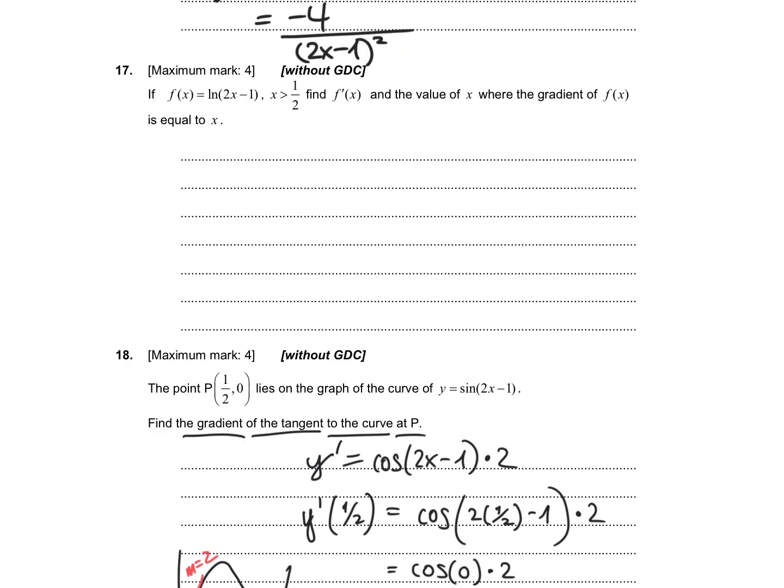All right, so we've got this function, find the derivative. So we're going to have 1 over 2x minus 1 times 2, and the value of x where the gradient is equal to x. So we want to set this equal to x. So we're going to have 2 over 2x minus 1 equals x, and I'm just going to subtract x, get it equal to 0.